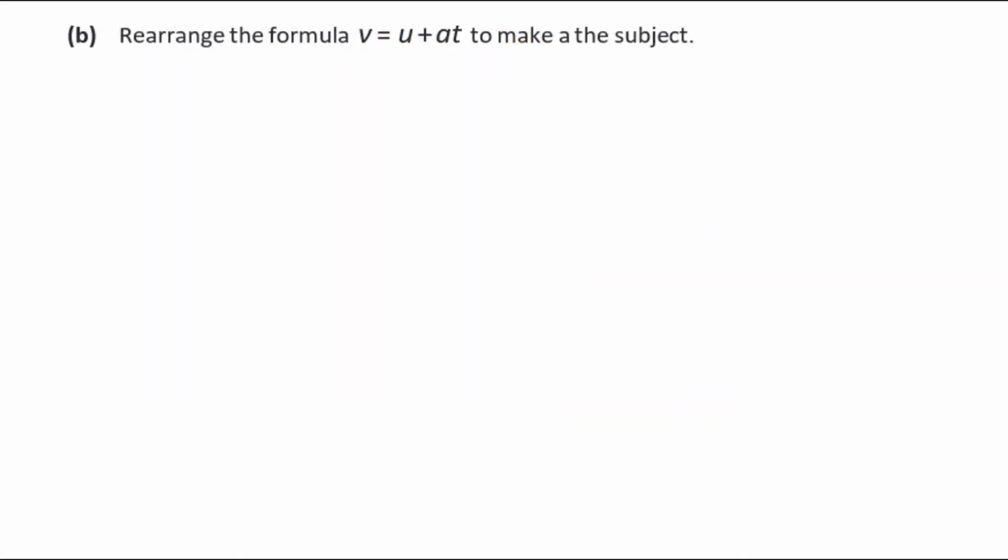Now part B says rearrange the formula v equals u plus at to make a the subject. Okay, so now we did solve an equation before, and I said to you then that you use BIDMAS backwards. Now in this case, I've got an addition and a multiplication, haven't I?